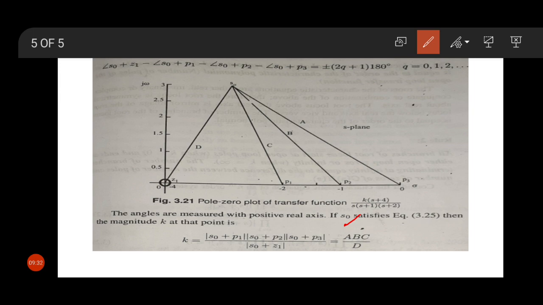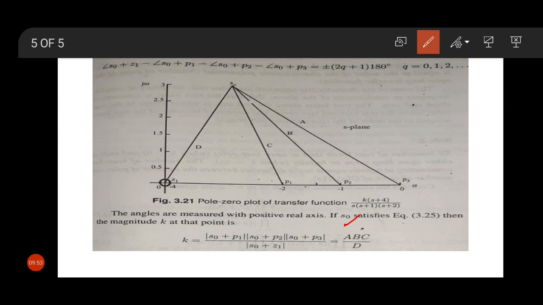So far we have discussed the basic criteria required for the existence of a point on the root locus. That means the basic criteria are the angle criteria and the magnitude criteria. First we see whether the angle criteria is satisfied or not.